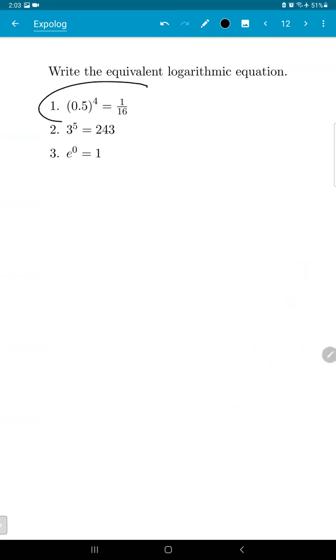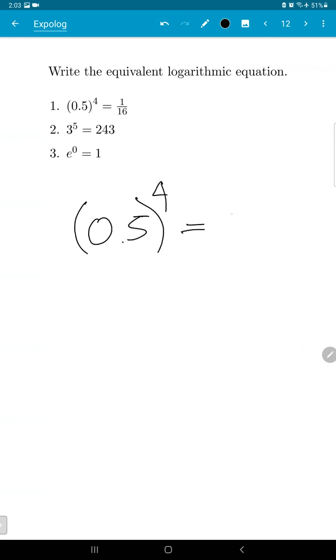So the first one tells us that if you raise 0.5 to 4, you get 1 over 16. So here the base is 0.5, the input is 4, the output is 1 over 16. Now to write in logarithmic form, you use the same base, and you just interchange the output and the input.